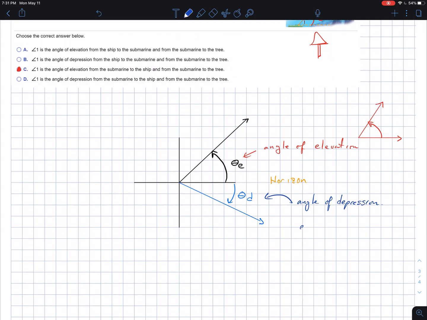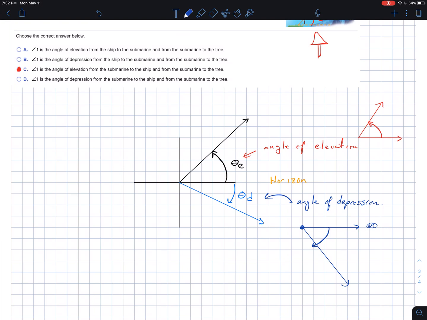We can start at some point looking out towards our horizon, swing down some distance and then look below that horizon. That would be your angle of depression. This is like looking straight out in front of you.